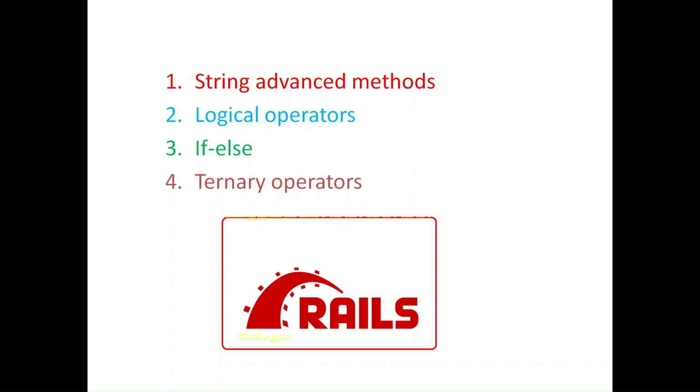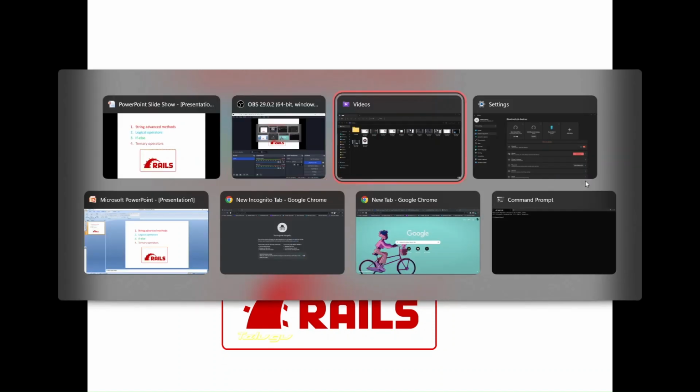So in this video, we are going to cover string advanced methods, logical operators, if-else conditional statements, and ternary operators. If you haven't watched our previous videos, please go through them, then only you can understand it better. So without any delay, let's get started with our video.